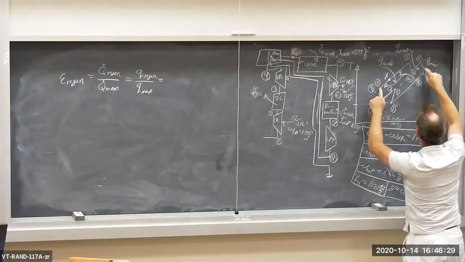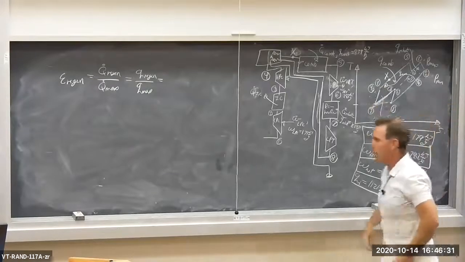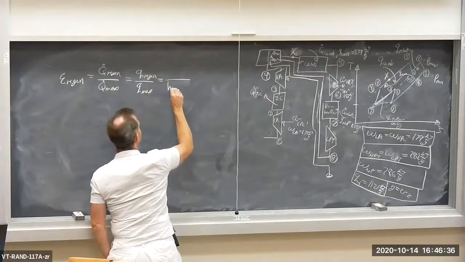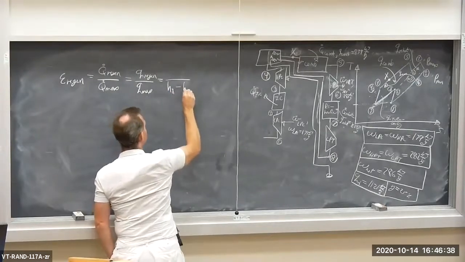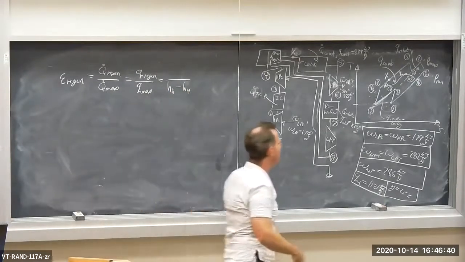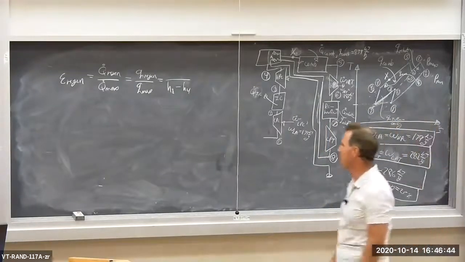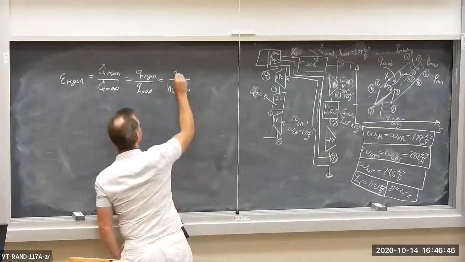So the maximum is H8 minus H4. That's my Q max. That's the maximum possible heat transfer. Okay?